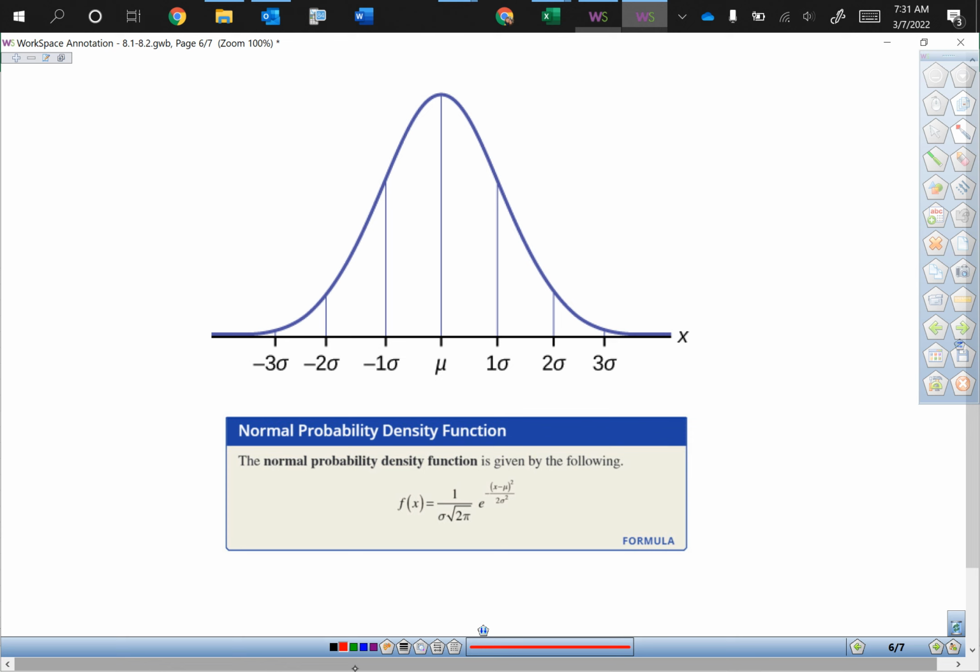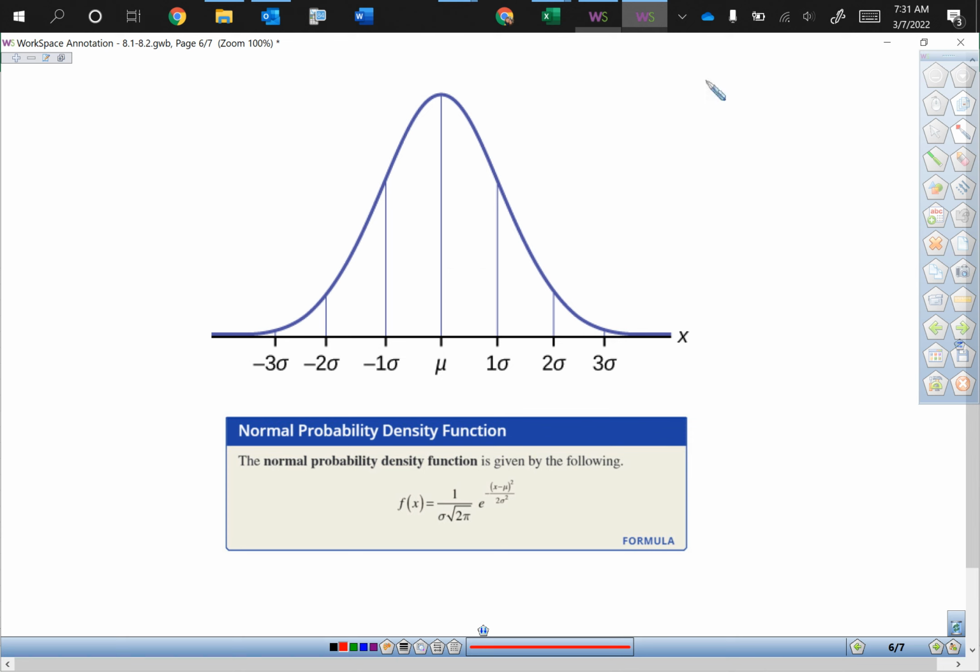From this normal distribution, again very similar to the empirical rule, from -1 standard deviation to +1 standard deviation is 0.6826. And what you're going to do is split that in 2.